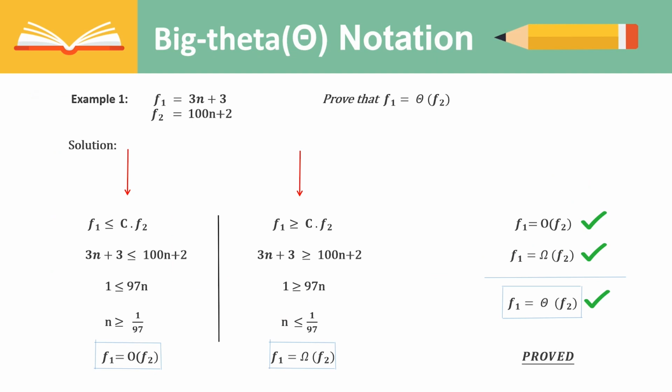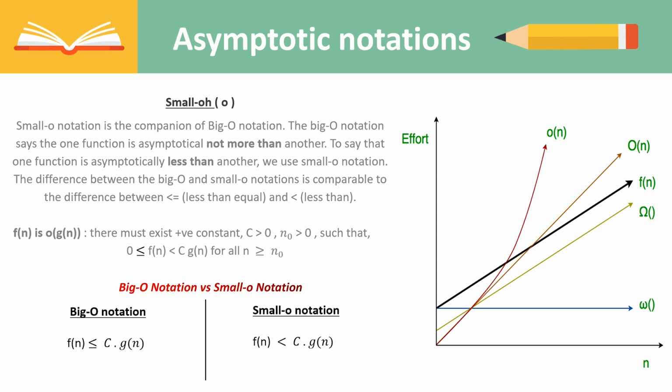Hence proved. Now we are going to study small o notation. Small o notation is the companion of big O notation. The big O notation says one function is asymptotically not more than another. To say that one function is asymptotically less than another, we use small o notation.